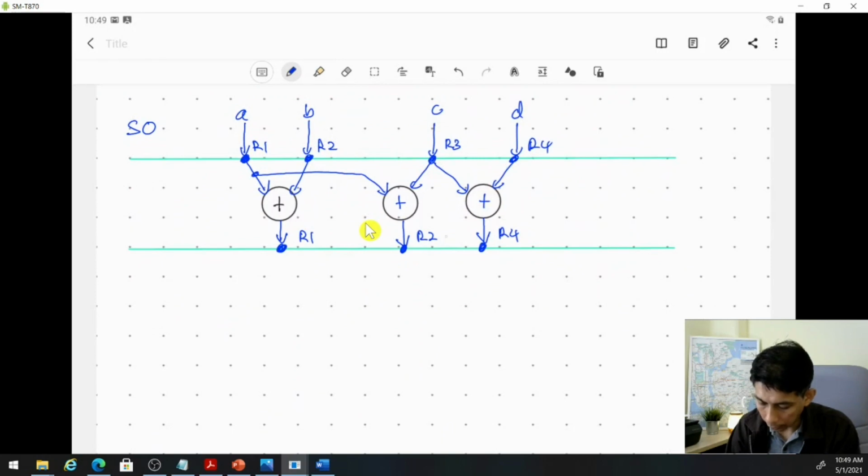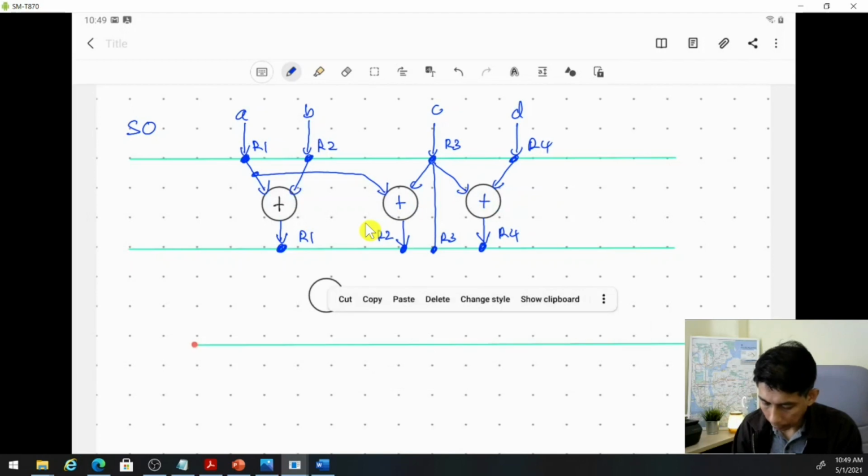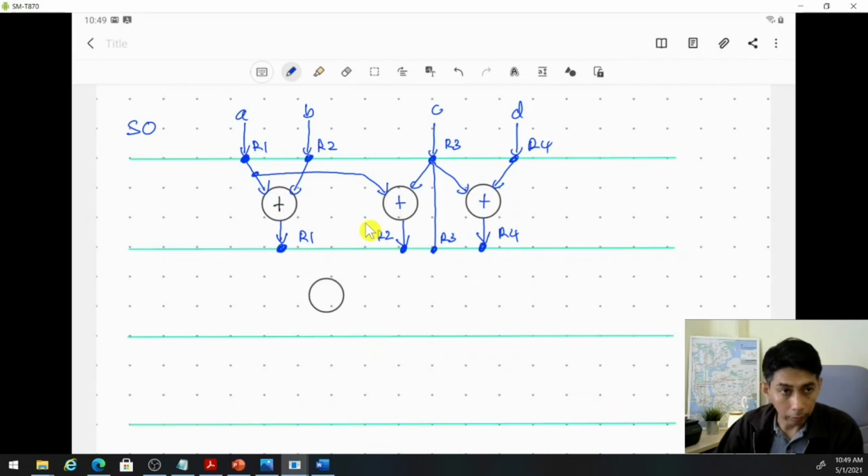R3 is still in R3, so we can bring this R3 here. Okay, now R1 here, this is A1 actually, remember, this is A1 and this is C, and this is plus.